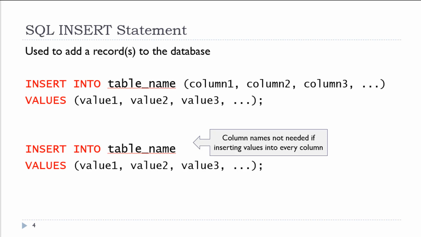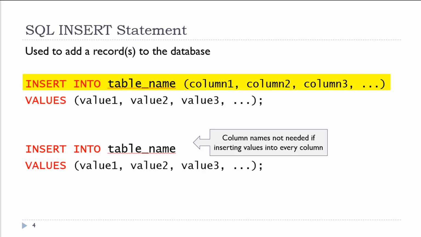The SQL INSERT statement is used to add a record or records to the database. Whenever you fill out a form, such as a registration form or an order form, that data is typically being inserted into the database as a new record. The insert command is followed by into, which indicates the table name.